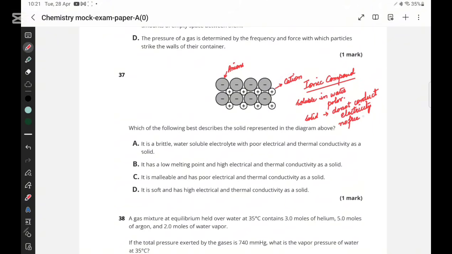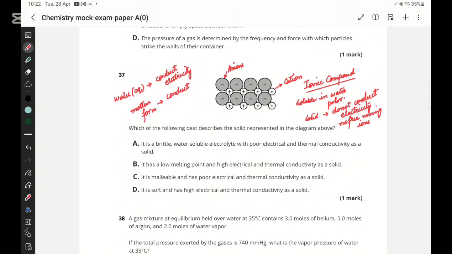No free moving ions. While if they are dissolved in water, like in aqueous form, they conduct electricity, and they also conduct electricity in molten form. So which option is going to be the right one?